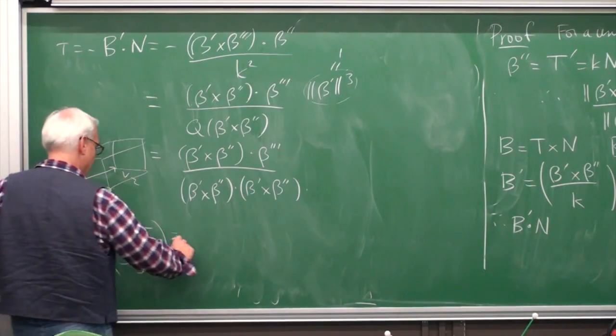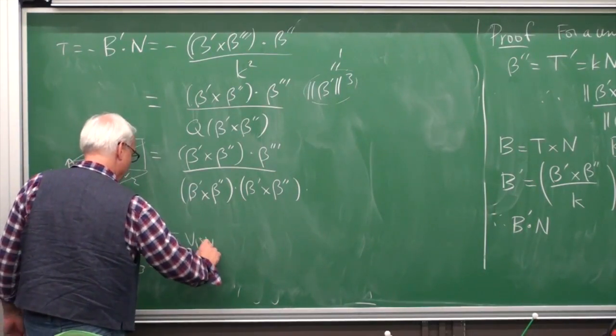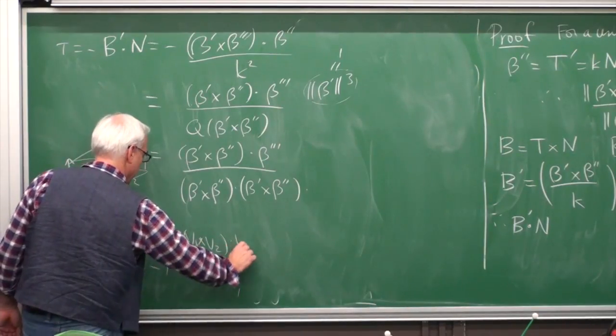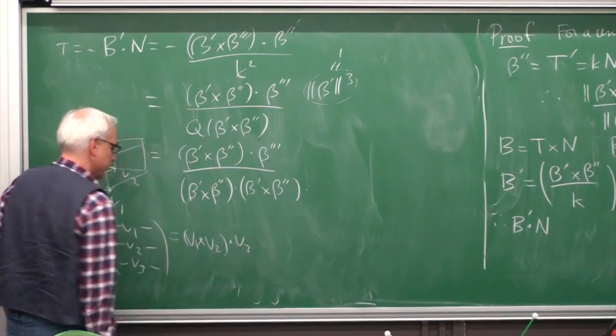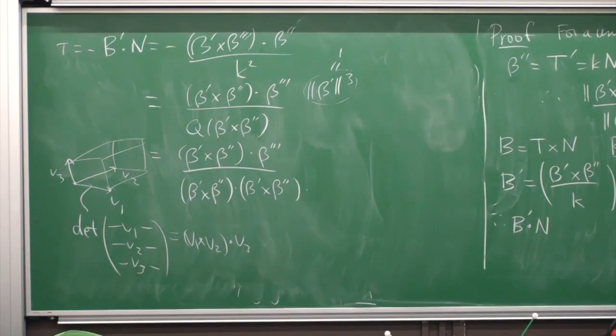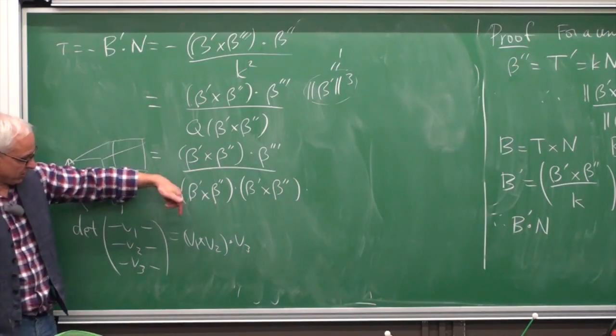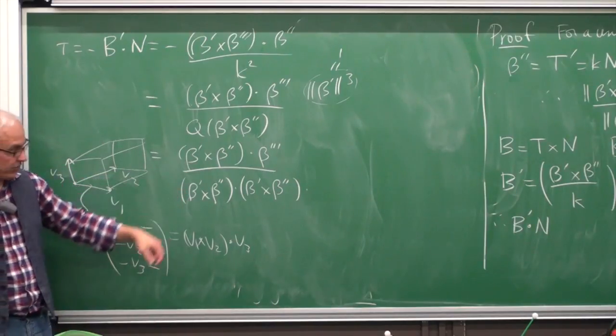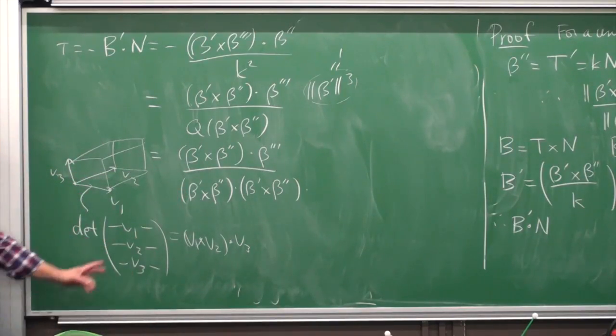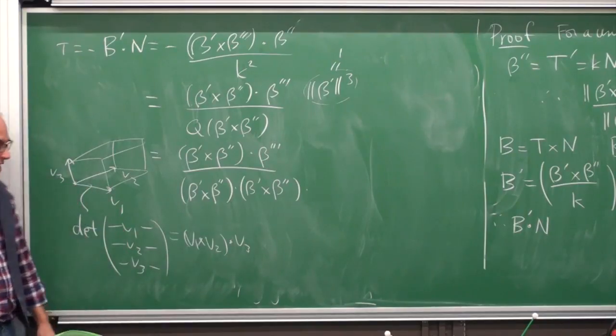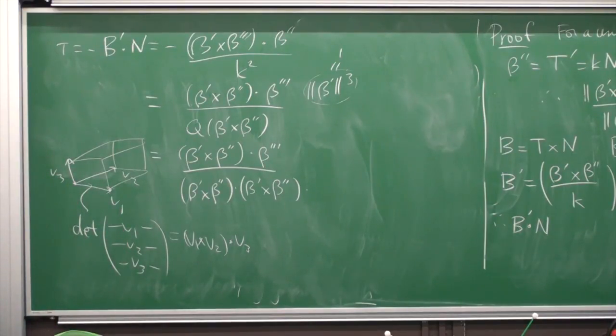And that's also the same as v1 dot v2 cross v3. And it's cyclically invariant, so if you replace indices 1, 2, 3 with 2, 3, 1 or 3, 1, 2, then the thing doesn't change. But if you interchange any two indices, then its sign swaps.